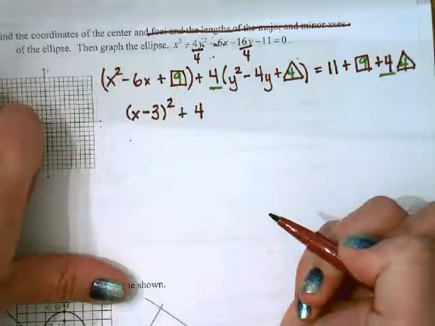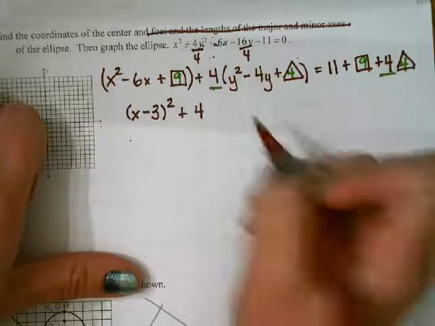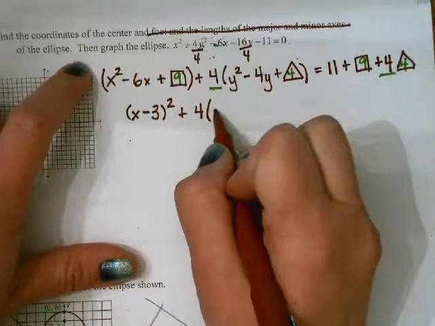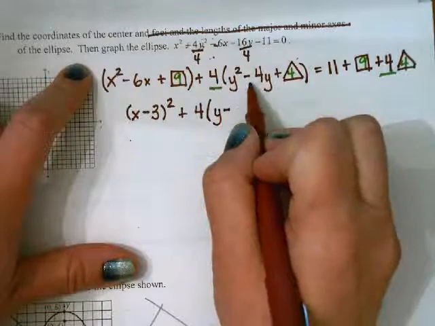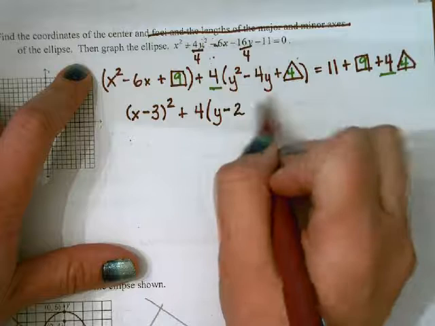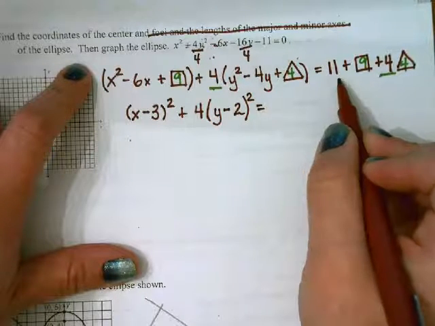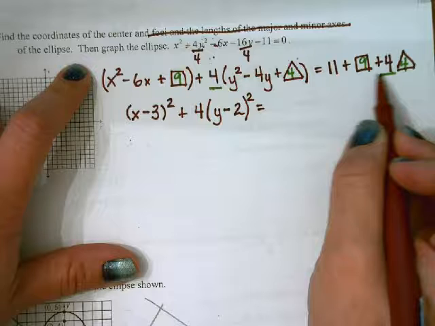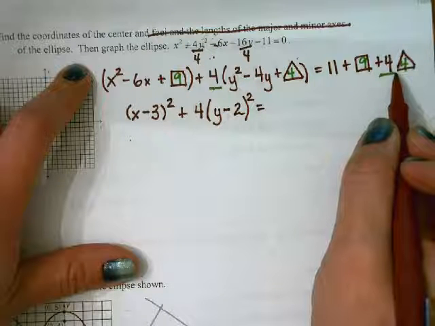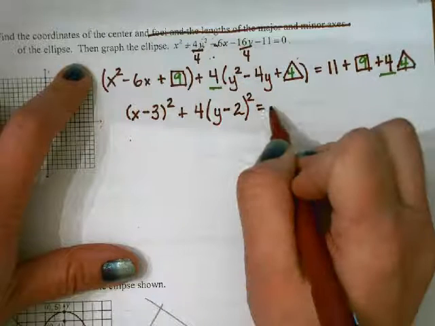All right, so I have x minus 3 squared plus 4 times y minus square root of your triangle squared equals 11 plus 9 plus 4 times 4. Awesome. Thank you, Zoe.